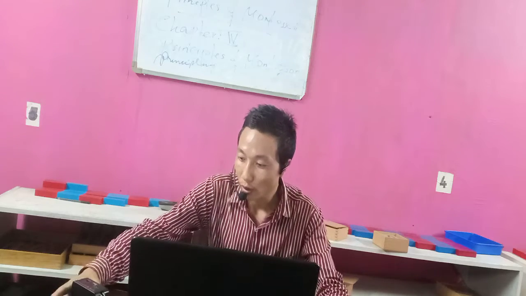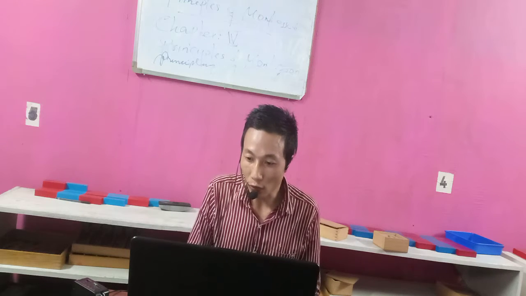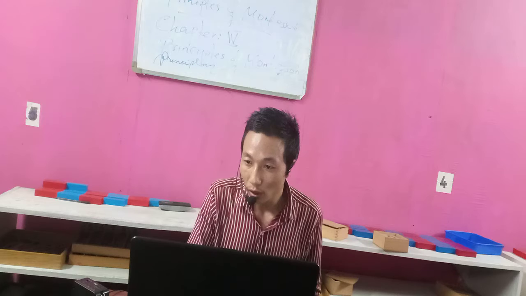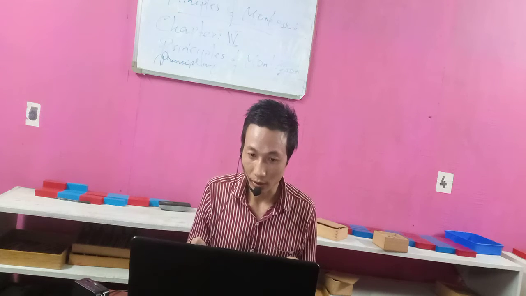So when you teach a rhyme to students, first of all, you have to write the rhyme on a blackboard. You have to sing and you have to do the actions.